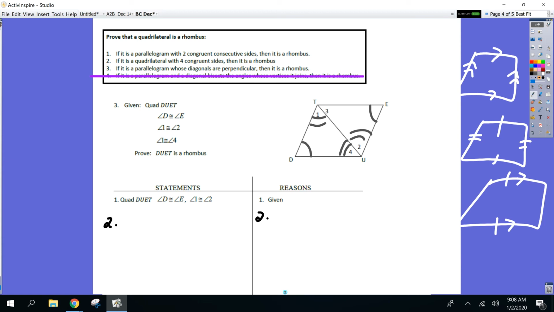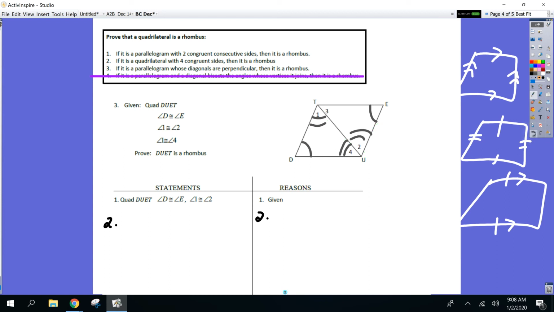Can you? Okay, ready? Let's start somewhere. Can you get a pair of parallel or congruent sides for me? Mike, let's go. We got to start somewhere. TE and why? What are the alternate interior angles you're referring to? Okay, ready? Here's one. Here's two. You want to rephrase your parallel lines for me? I don't think they're TE.